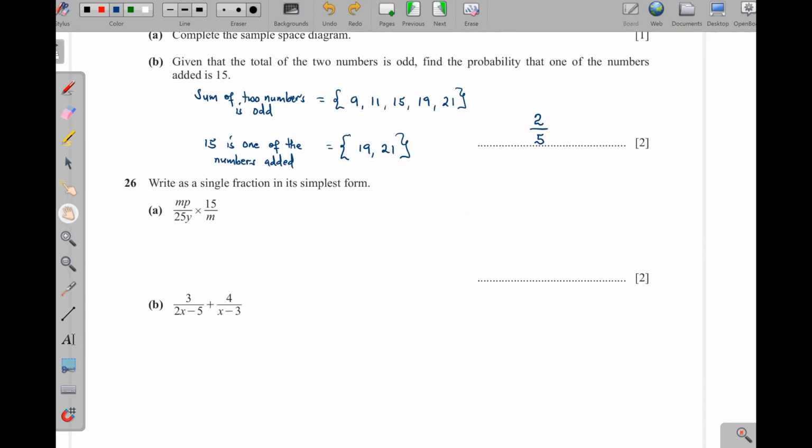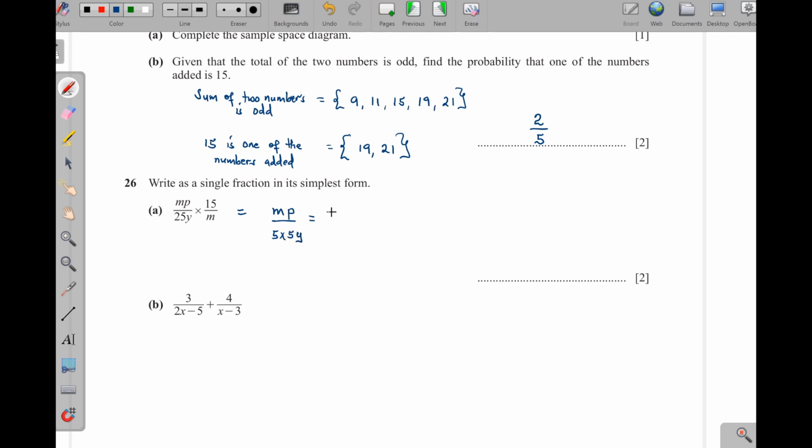And then question 26, write as a single fraction in its simplest form. Of course, we are going to simplify here. And then here we are going to divide. In fact, let me do the simplification here. Let me write 25 as 5 times 5 of y.